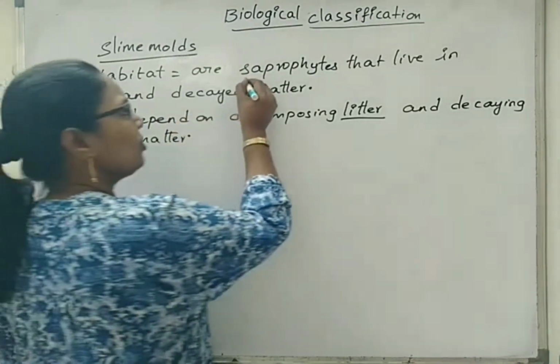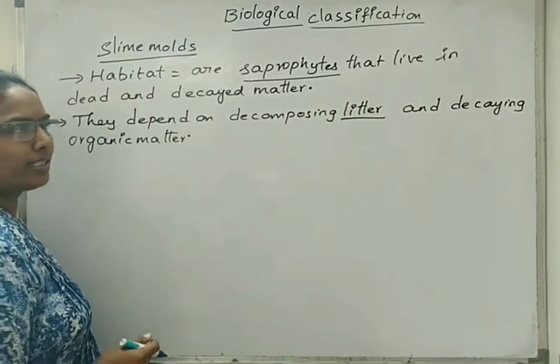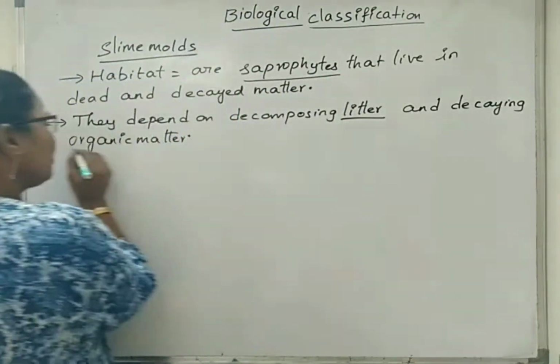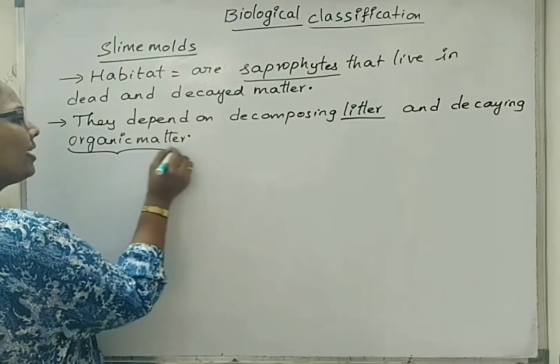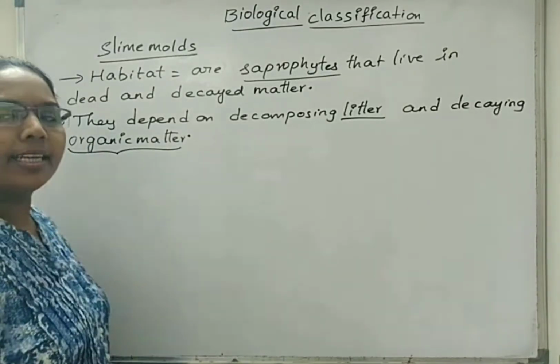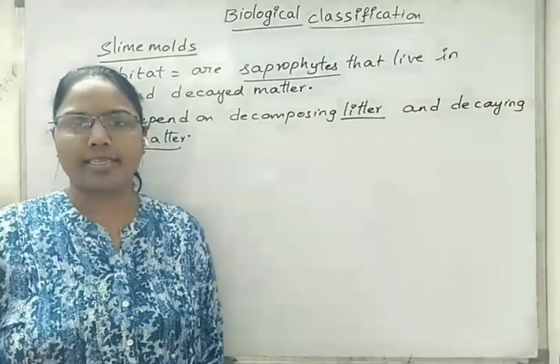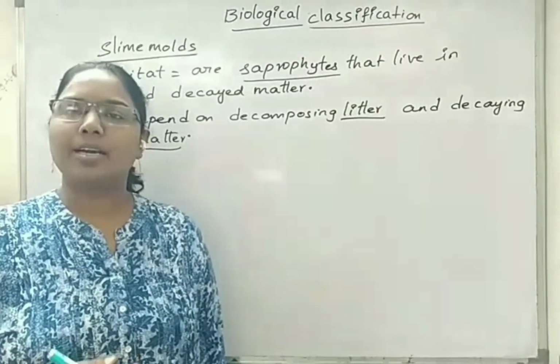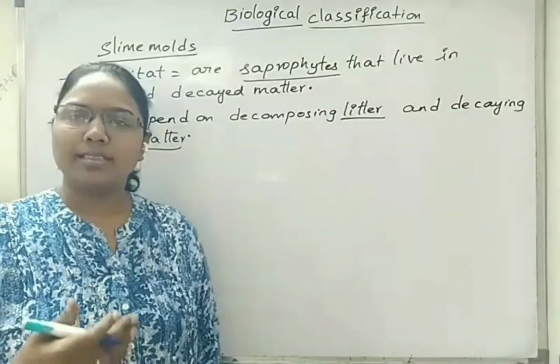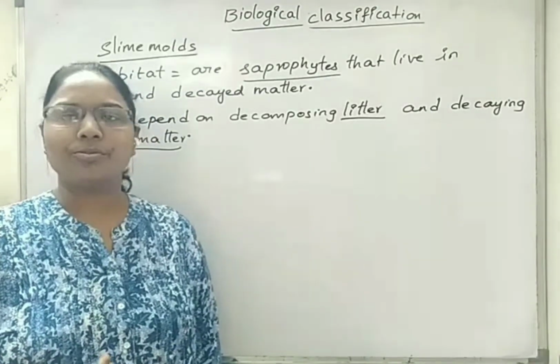So here we have used a term, saprophytes. It means the organisms which depend on decaying and dead organic matter and convert it into useful minerals. Such types of organisms are called saprophytes. We use this term saprophytes for fungus.